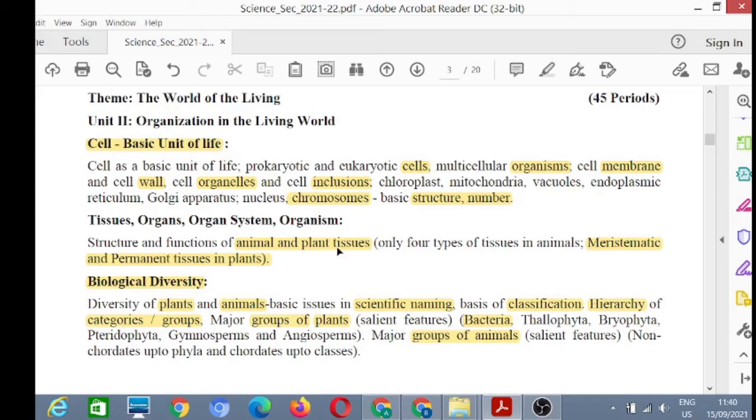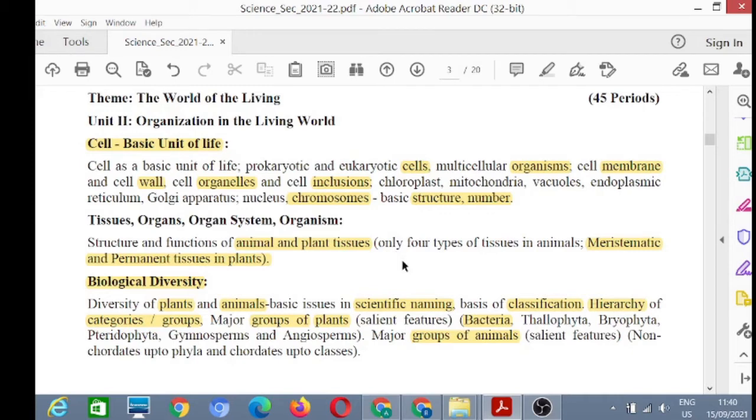First is structure and function of tissue in animals and plants. As we know, both animals and plants are discussed in biology, so we will go side by side. So tissues in plants and tissues in animals have been discussed here.